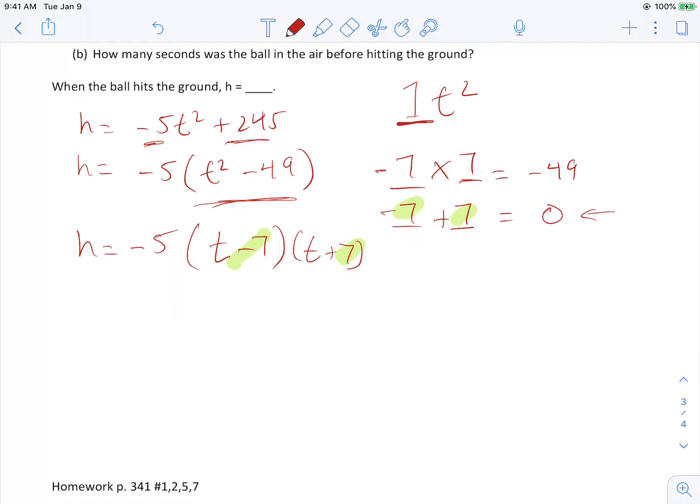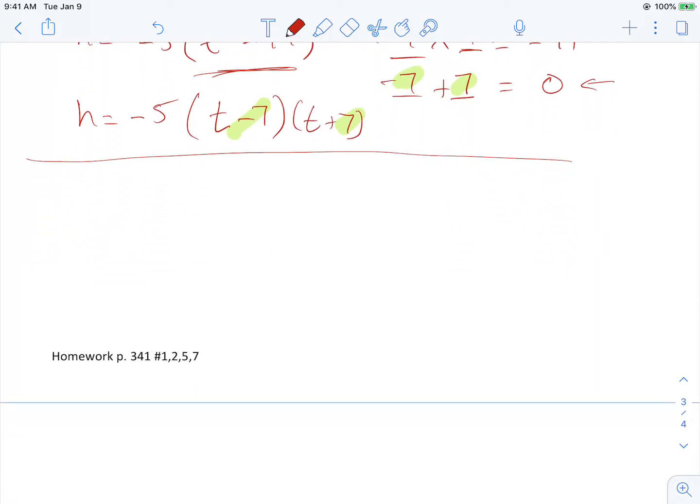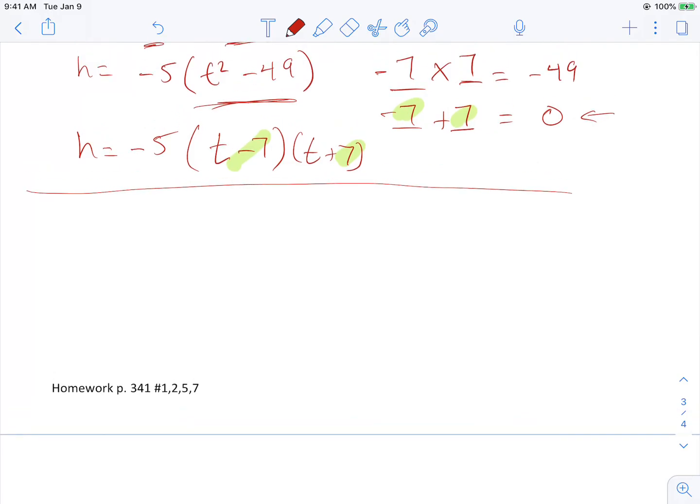Perfect. I think the only other thing I'd really like to talk about is guessing how narrow or how wide a parabola is just by looking at some of the equations. So how this works, if I have the formula y equals ax squared plus bx plus c representing my parabola, this is how I decide whether something is narrow or wide.